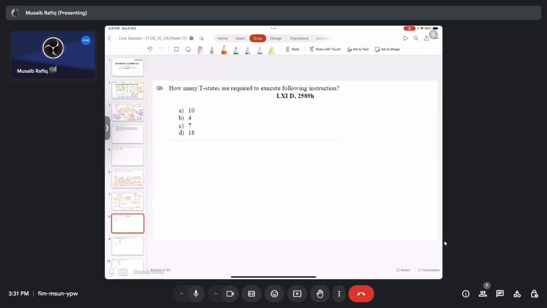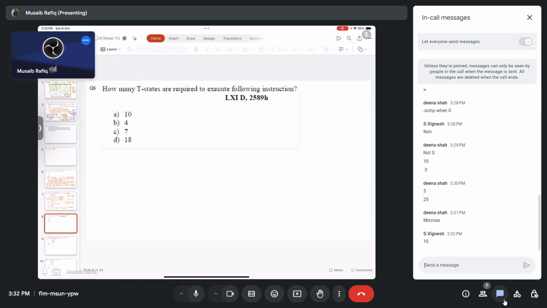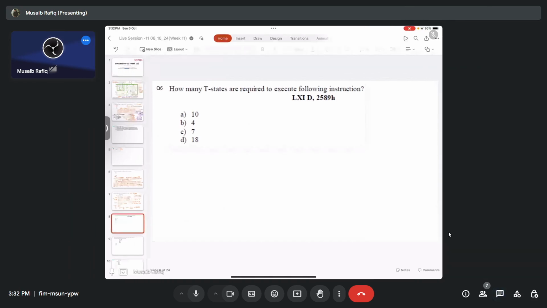Now this is another kind of theoretical question. Can you tell me how many T states are required to execute the following instruction? LXI D, 2589 hex. Correct.